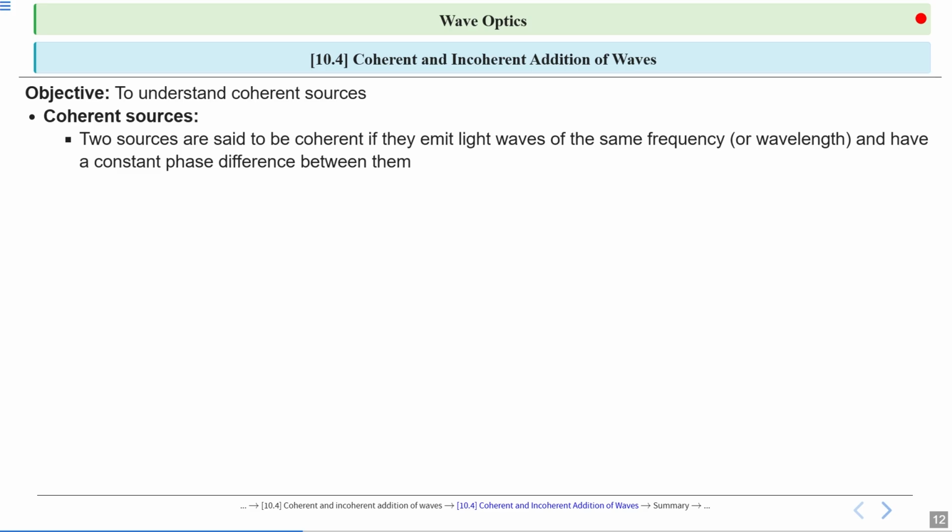That means the phase difference is not changing with respect to time, and also they emit light waves of the same frequency. These conditions are applicable on coherent sources.